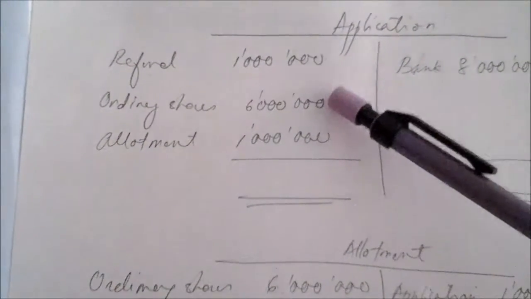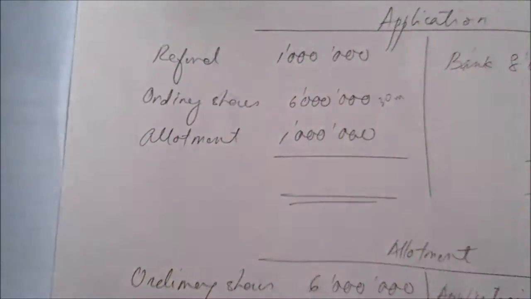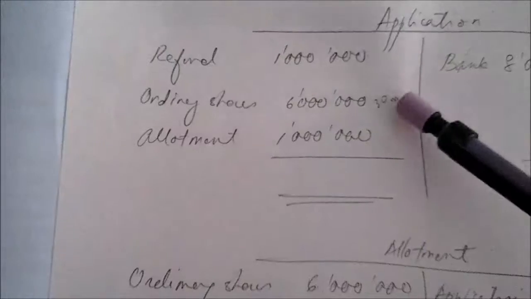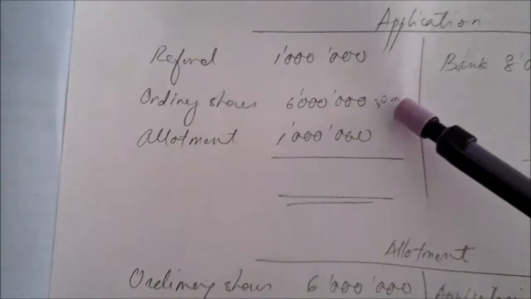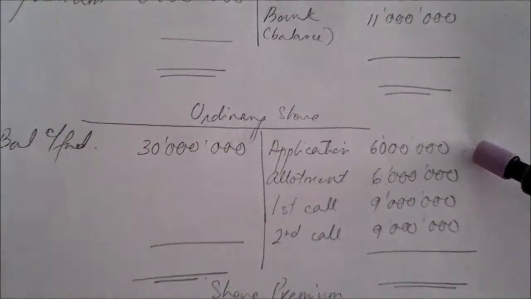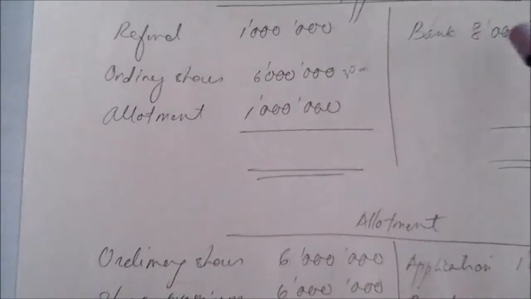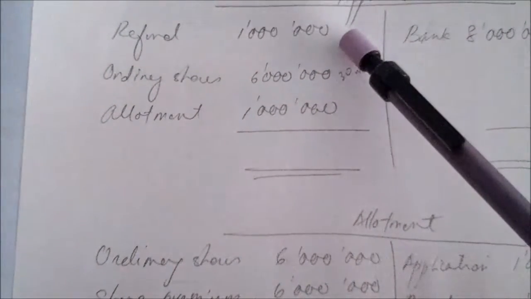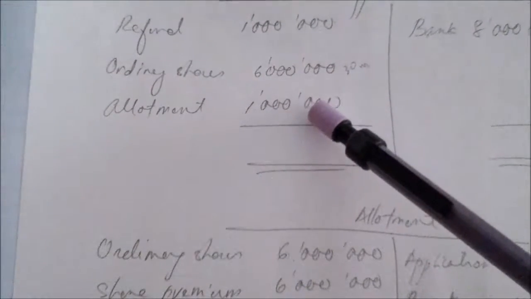This consists of 30 million successful subscribers who paid on application. So here is the 6 million, and this is the balance. 8 less the refund of 1, take away 6, so you have a balance of 1 million.